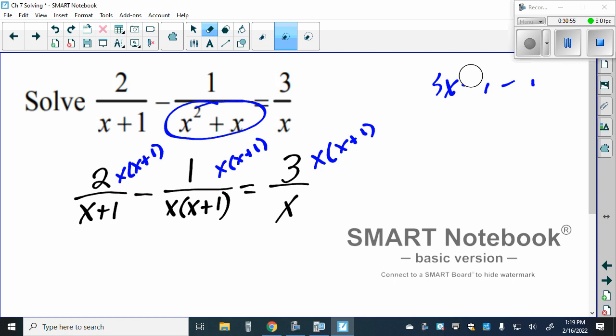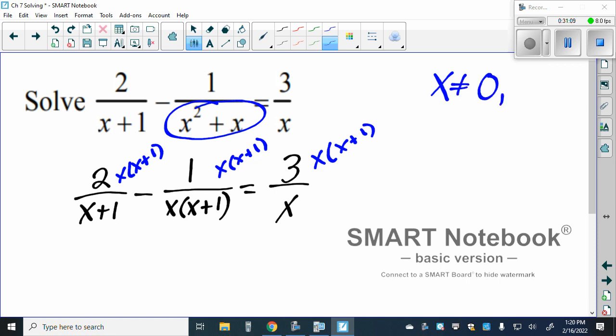which can make them harder to solve, on top of the fact that the values or answers that we add are the restrictions. And here the restrictions would be 0 and -1.